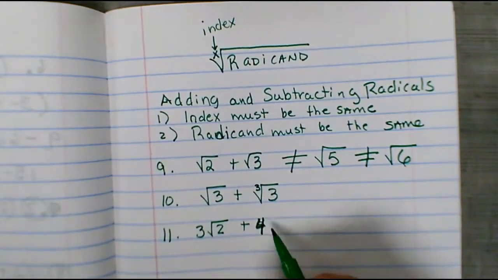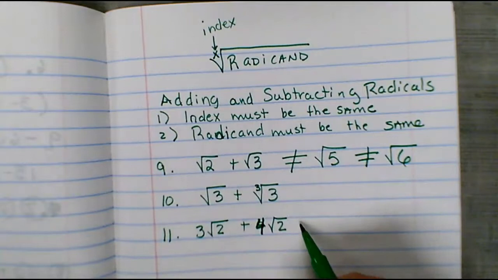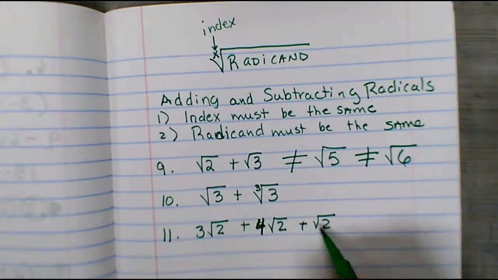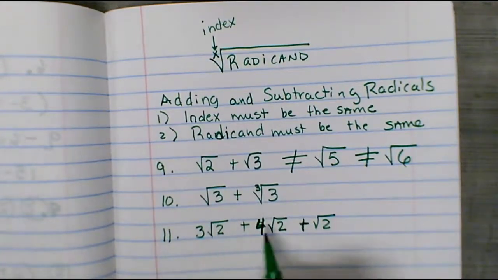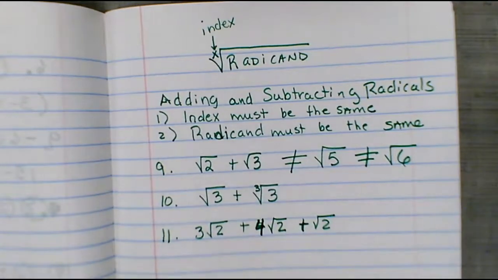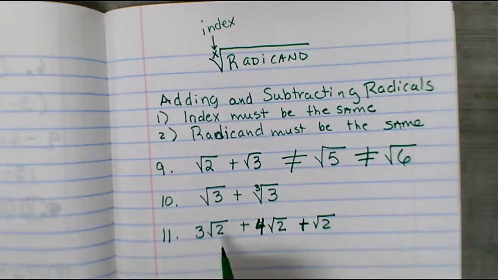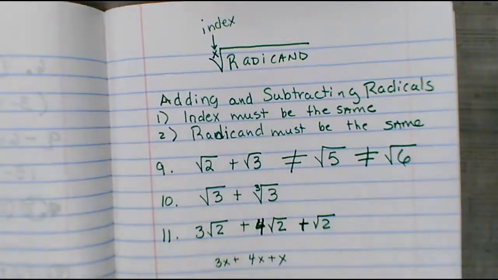That messy number there's a 4. These have the same index. They're all square roots. The index is 2. They have the same number under the radical, and so they would add very similarly to something like this.